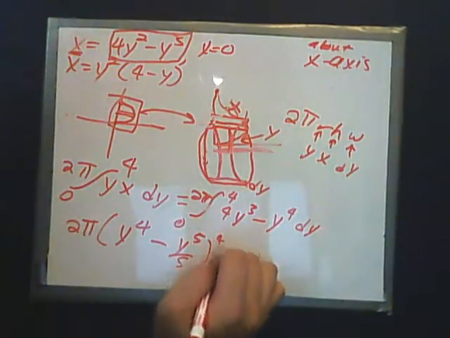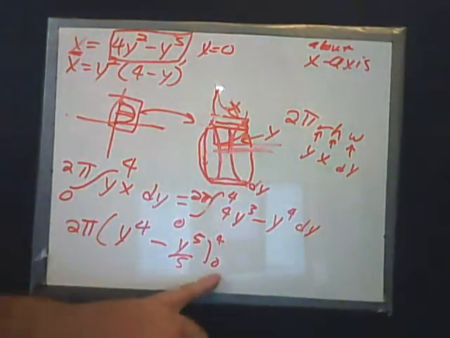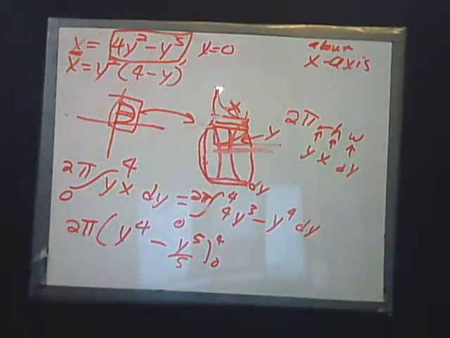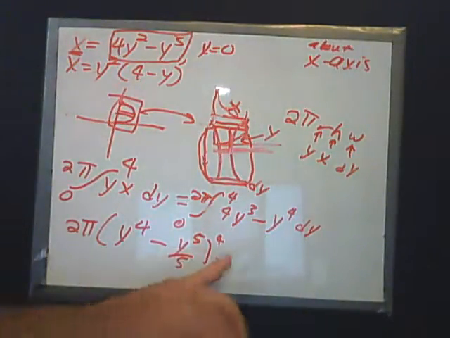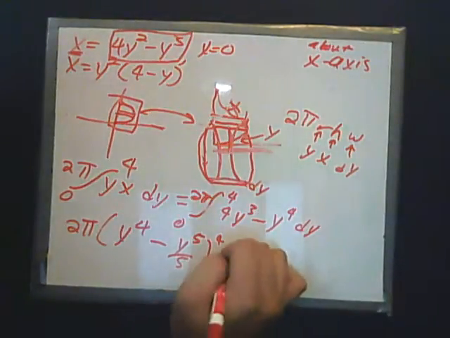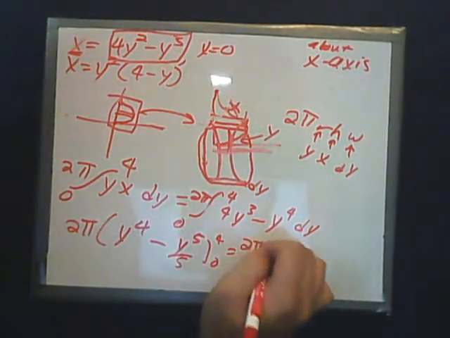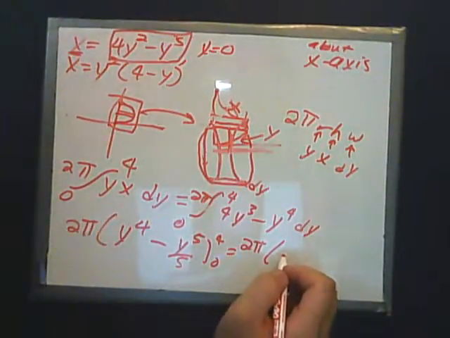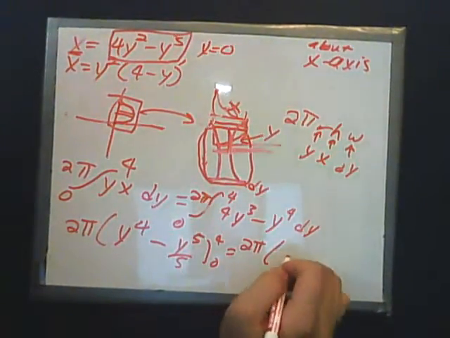And this is evaluated from 0 to 4. But once again, just like in the last problem, if we plug 0 in here, we get 0 minus 0. We don't have to worry about plugging in 0, we only have to worry about that 4. So we end up with 2 pi times 4 to the 4th, which is going to be 256.